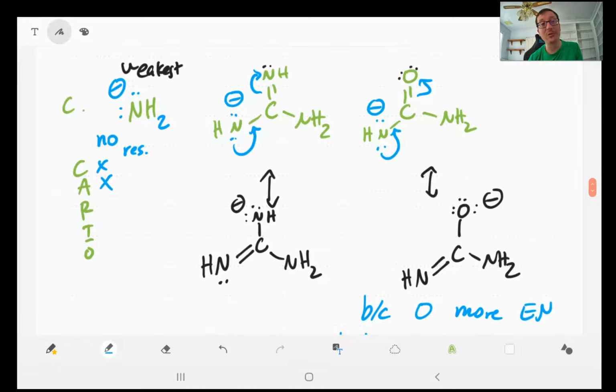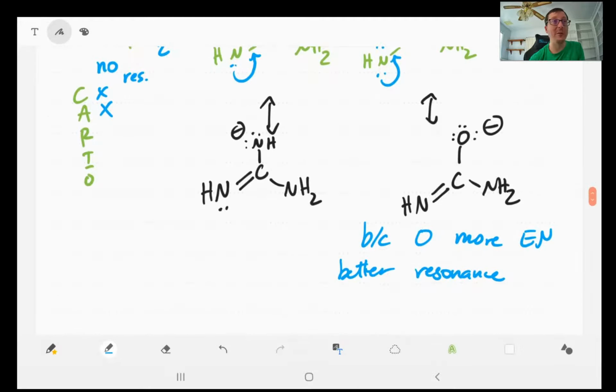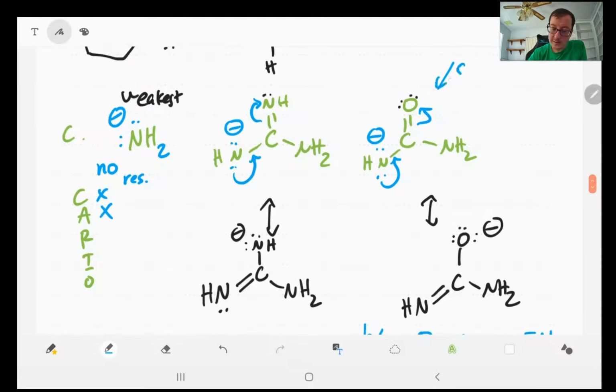If two things can resonate, you have to then look at which one has the better resonance, which one will stabilize the molecule more. And so in this case, it'll be that one with the oxygen, because we're moving a negative charge onto oxygen. That's better than moving a negative charge onto nitrogen. So we're going to see here that that's the better resonance. So therefore, this will be our strongest. And then we have that middle one will be in the middle.